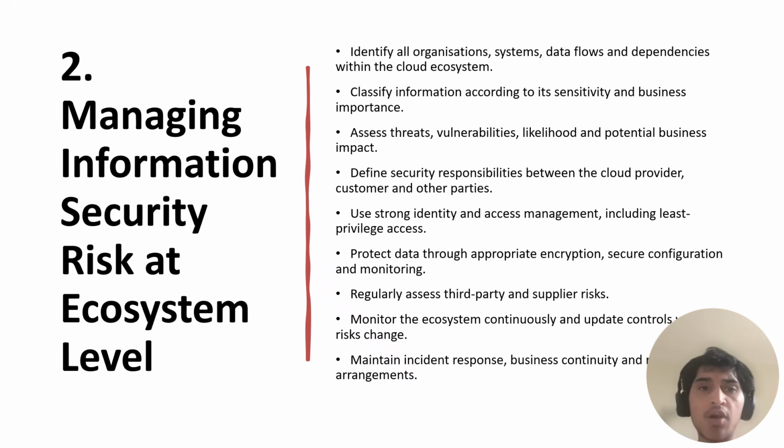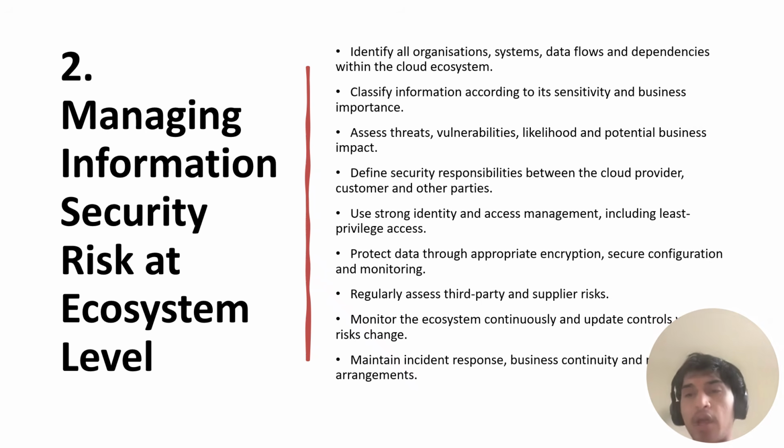So how do we manage the information security risk from the ecosystem level? The first thing we are going to do is identify all organizations, systems, data flows, how the data is flowing, through what networks, and dependencies within the cloud ecosystem. We'll be classifying information according to its sensitivity and business importance.